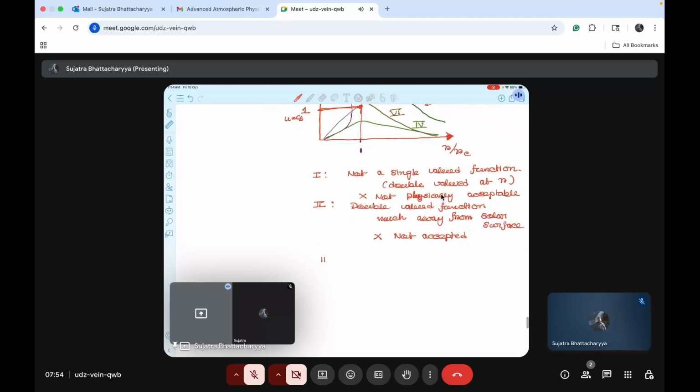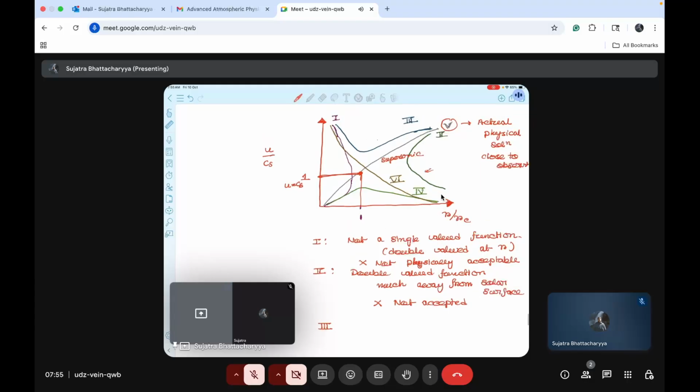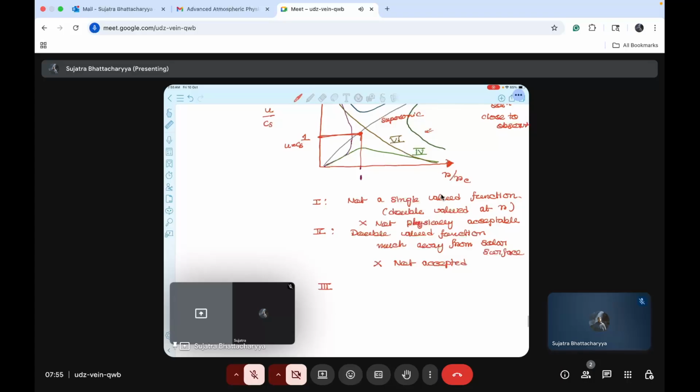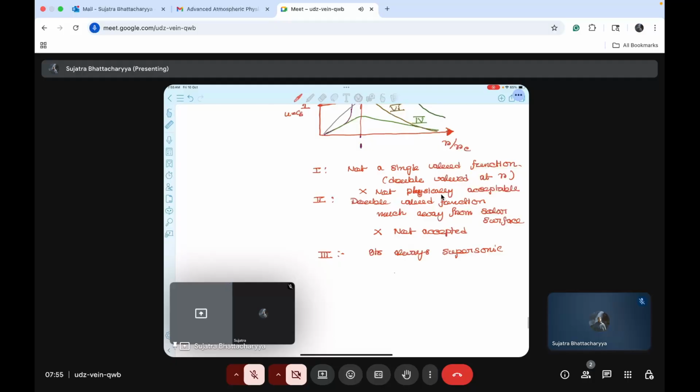Third is this one. The third one is way beyond supersonic, so it is always supersonic, which is not actually observed.